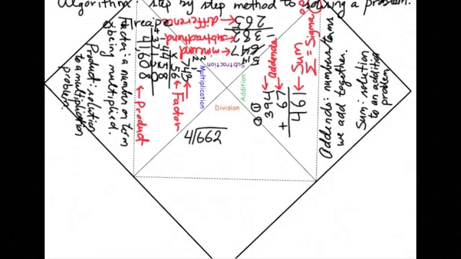First of all, the number you're dividing into is called the dividend. The number that's actually doing the dividing is the divisor, which makes sense. And your solution, which is going to end up right up here, is our quotient.